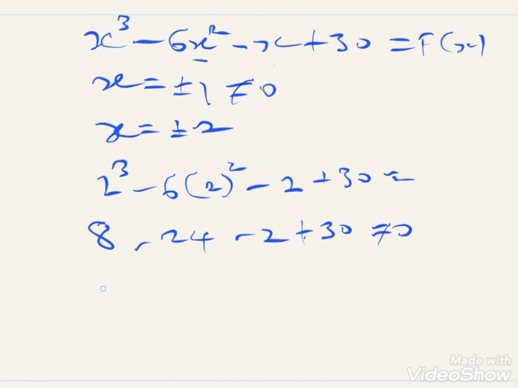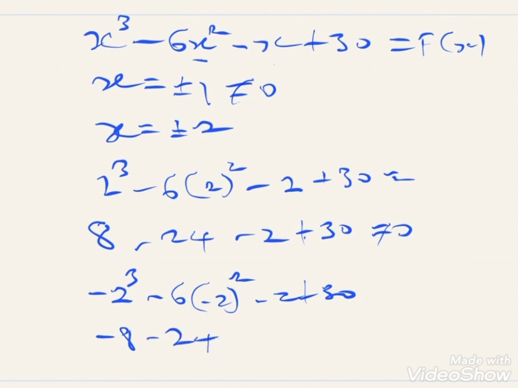Now we put minus 2 cubed minus 6 bracket minus 2 squared minus 2 plus 30. Minus 2 cubed is minus 8. Minus 2 squared is 4, times 6 will give me minus 24, then minus 2 plus 30.